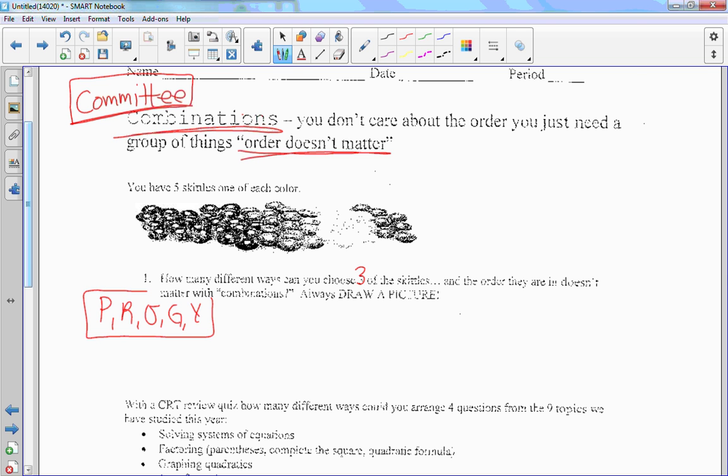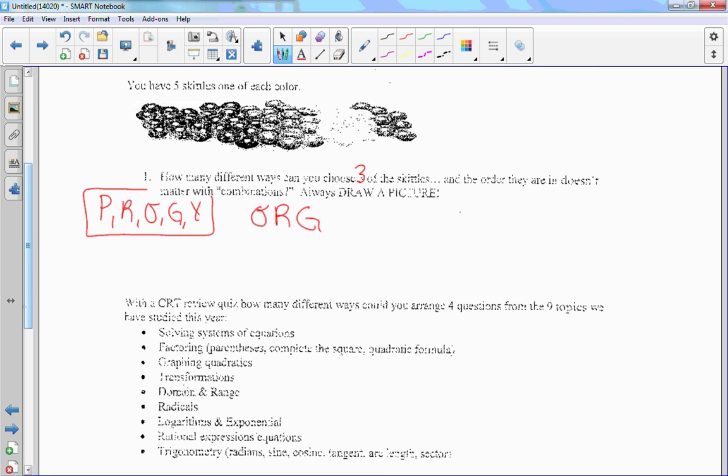What's one committee that could happen? What do you have? What's your committee? I need 3 colors. Okay, orange, red, and green. Now, what if I switched red and orange?